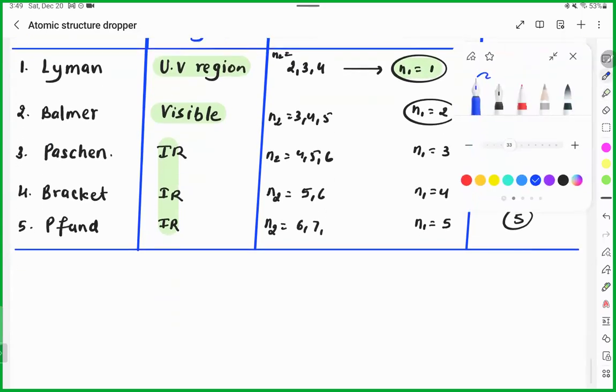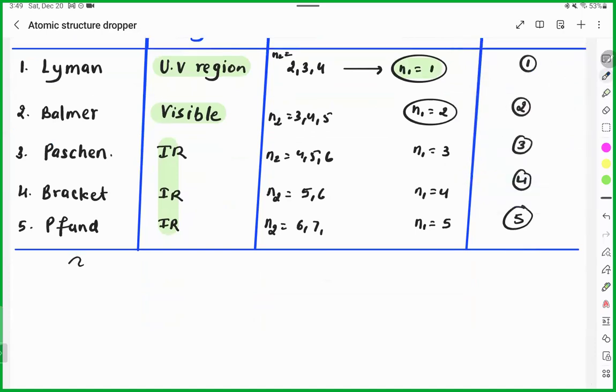So you should remember this sequence: L, BP, BP. Do you know any name that starts with L?